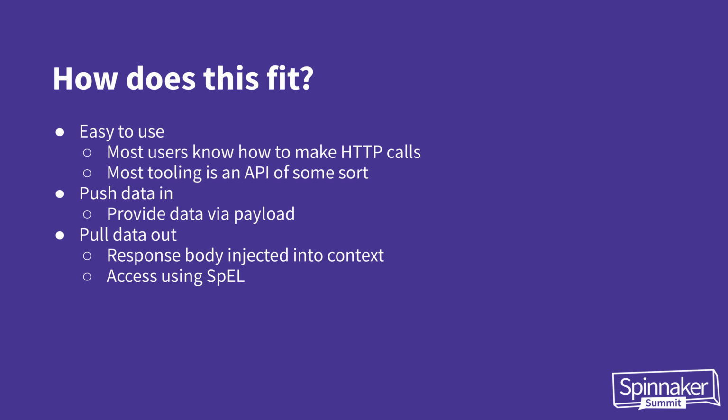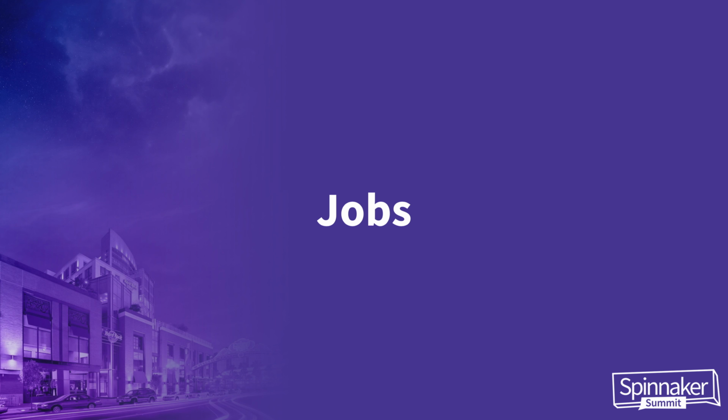To tie it back to the requirements that we defined, it's easy to use, right? We said this already. Most people in software engineering have made an HTTP call at one point. You can integrate with all of your APIs. Pushing data in, do it via payload. Pulling data out, the response body from your webhook call gets injected into the pipeline. Pretty simple. So what about jobs?